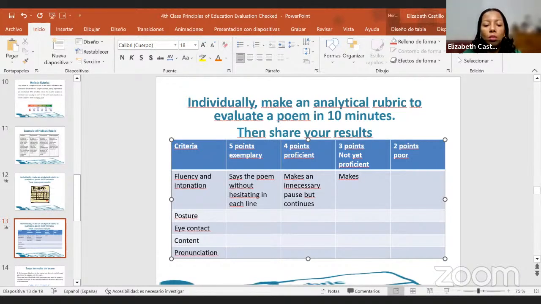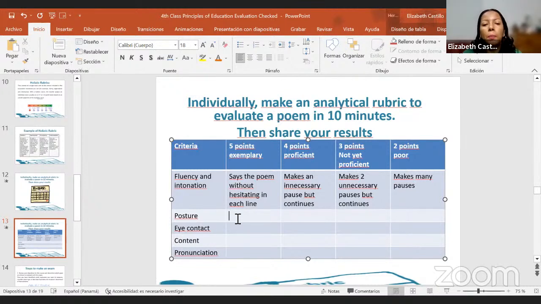Makes unnecessary pauses, but continuous. So probably the person was making time to continue with the next line, but continues with the poem. And in the last area, makes many pauses. It means it's not fluent.